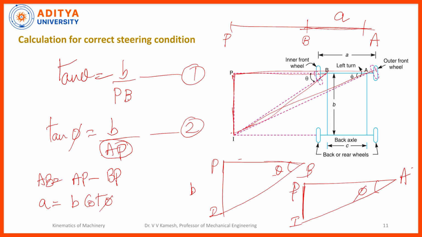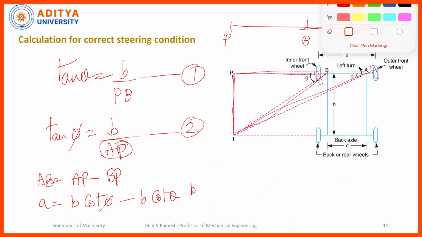Got the point? Minus, what is BP? BP is coming to this side and tan theta is coming to the opposite side, so this becomes b cot theta. Now you can identify AB on the one side.